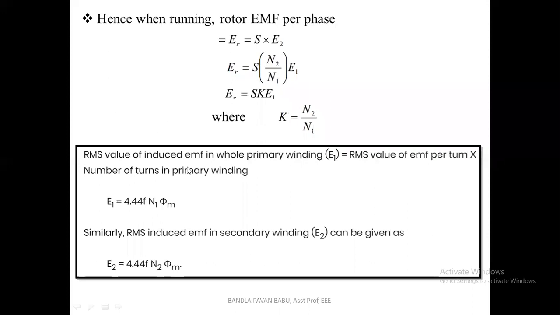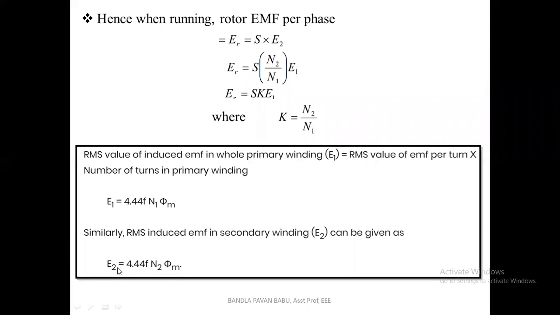For the remaining, this box represents the equation which we have discussed in the transformer part. Induced EMF in the whole primary winding equals 4.44 F into N1 into phi M. Similarly, E2 equals 4.44 into F into N2 into phi M. These two equations are applicable for the induction motor also.